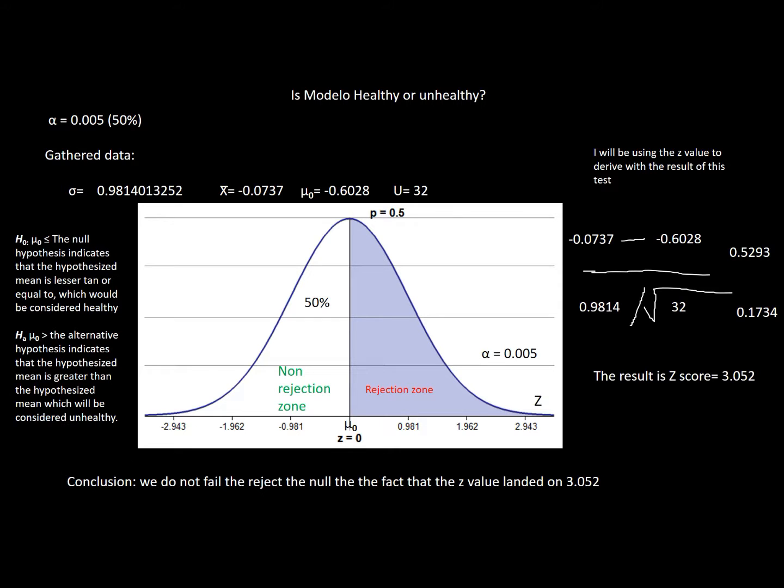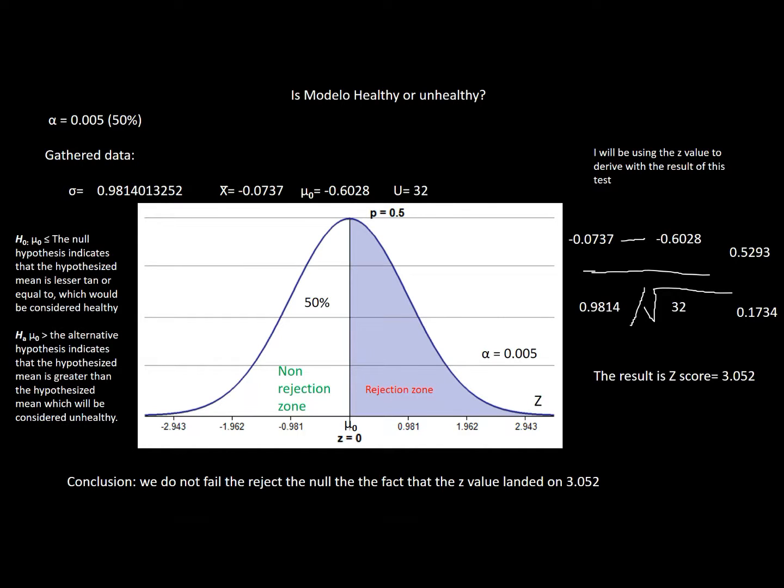So is Modelo healthy or not? Here, on the X, I subtracted the 5 days average of when you drank Modelo. And this was the 4 days average, the mu sub zero, which will be the hypothesized mean.